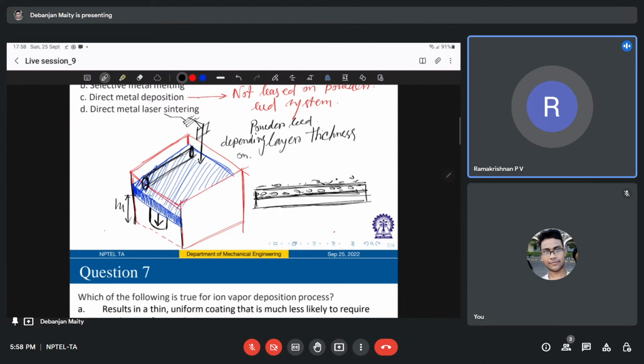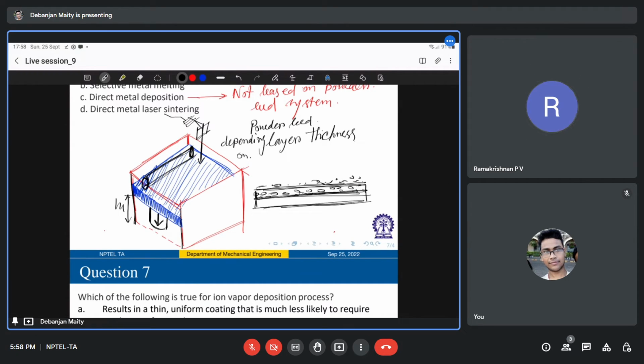Okay. So with each layer, each layer is allowed to melt and solidify. Right, right. And because of this, you are remelting and resolidifying. So initially one layer was already formed, and then you are spreading powder, and you wanted to melt this layer only, right?